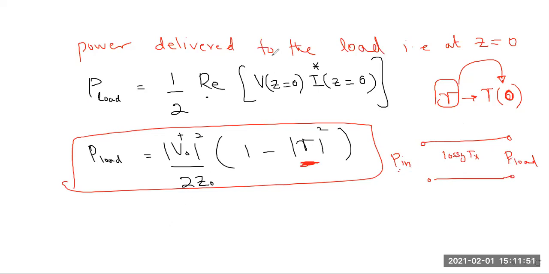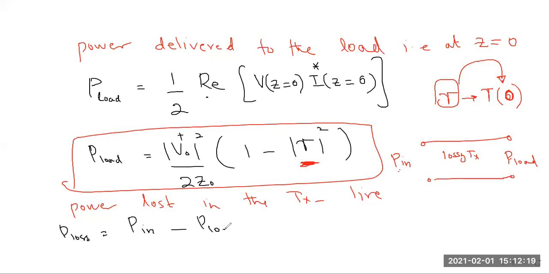So if I'm interested in finding out how much power is lost in the transmission line, I can simply find this power by subtracting the power delivered to the load from the input power.